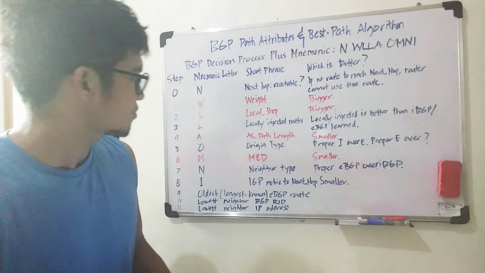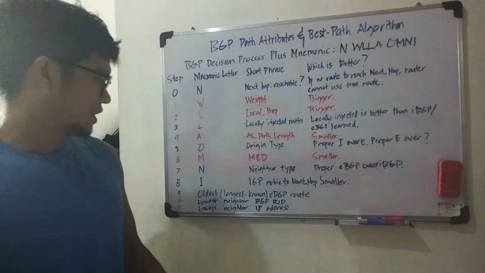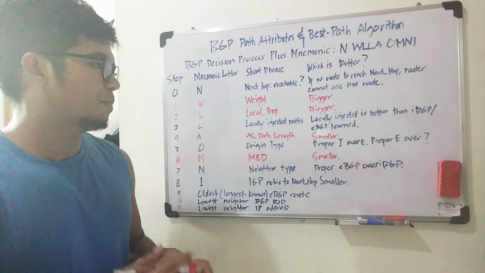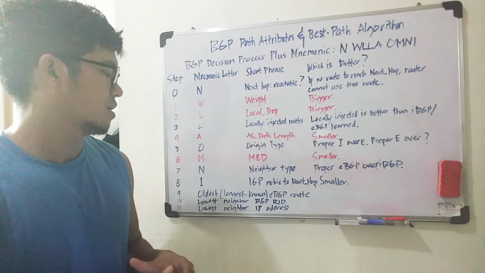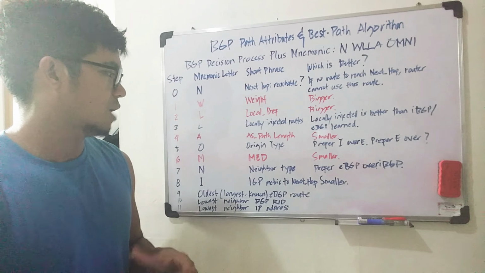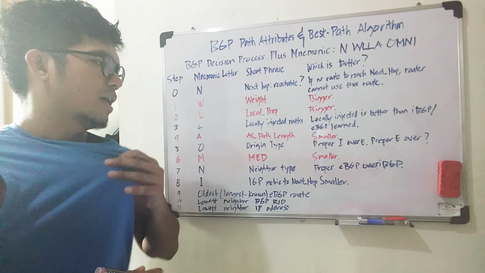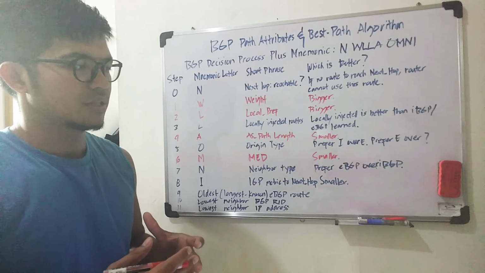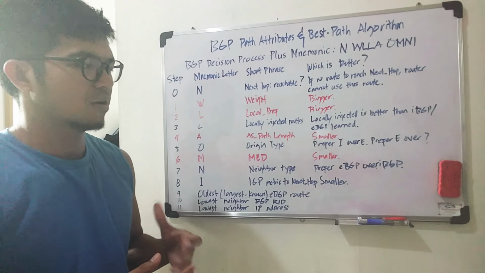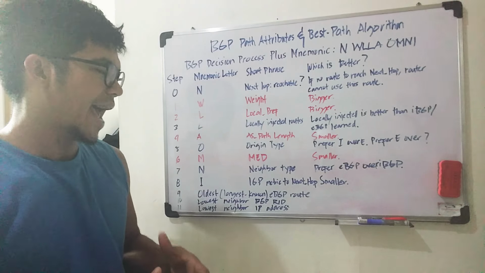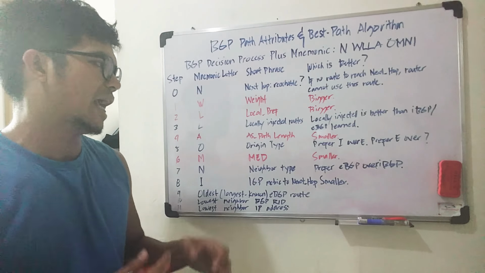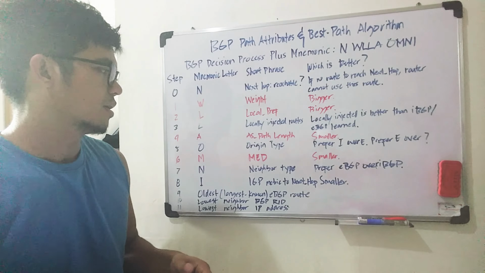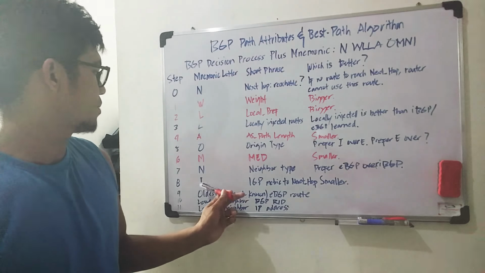For example, you have a route, and that route has two paths, and they're both tied up to step 8.